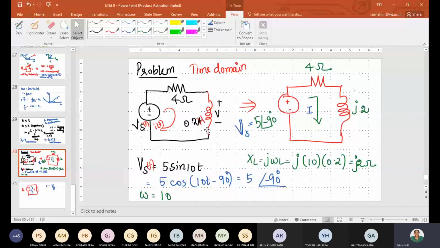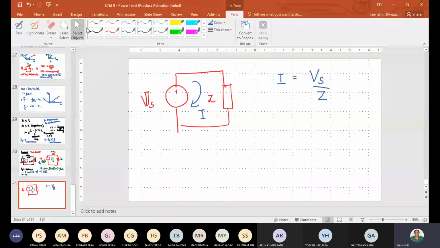You know your I, and you know your impedance j2. So your VL is nothing but I into XL.